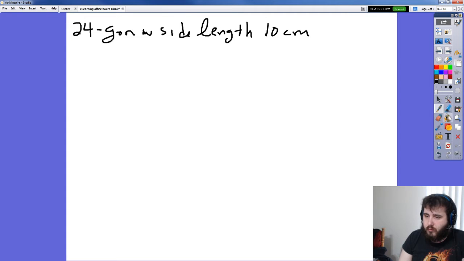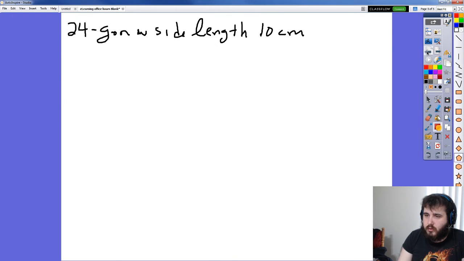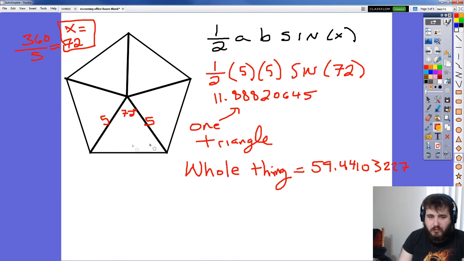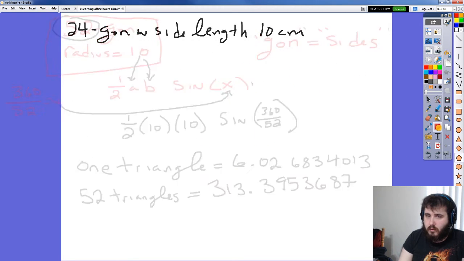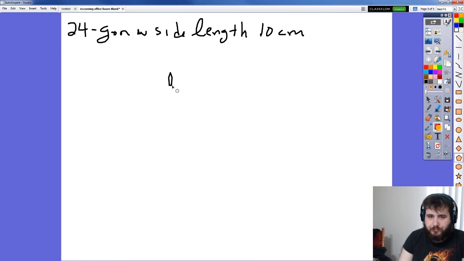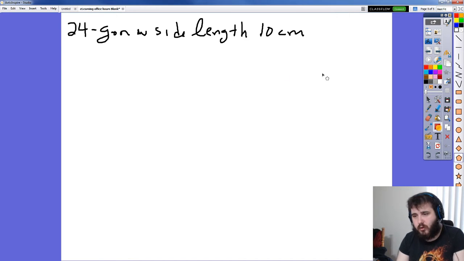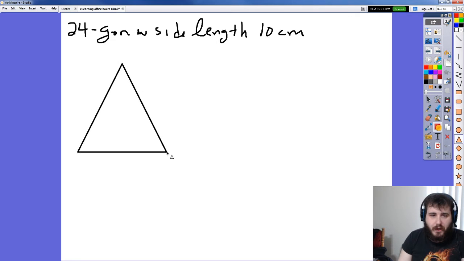So what I want to do is draw just the triangle down here. You see what I'm saying? I'm just going to draw this guy, this triangle. So let me not draw that. Let me draw a triangle. Here's my triangle.